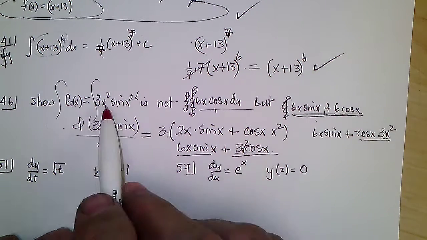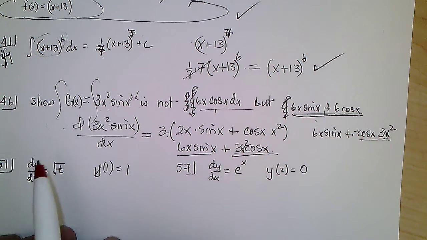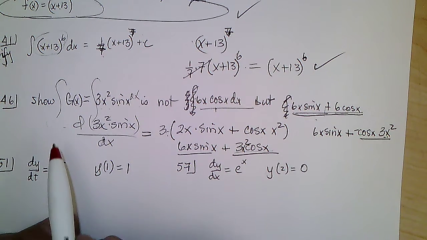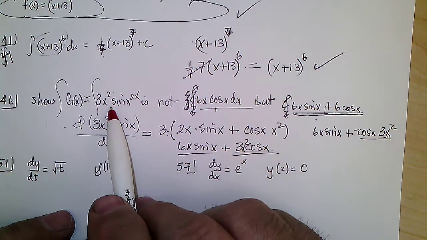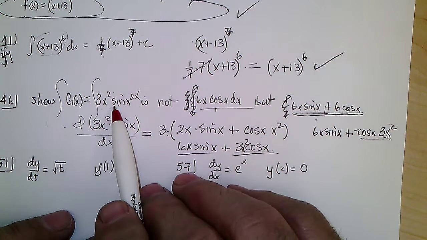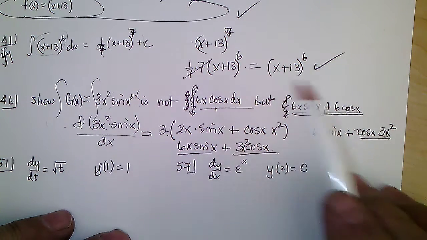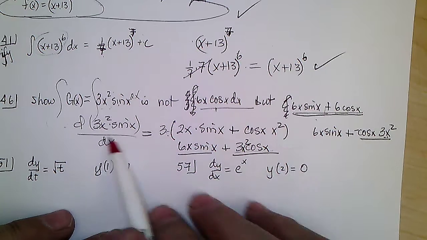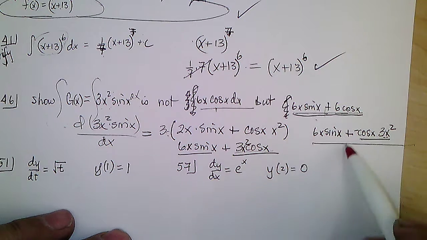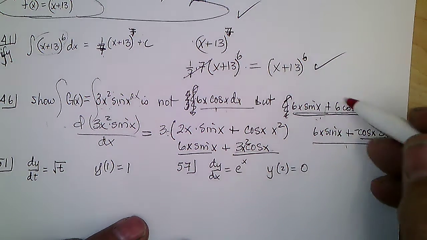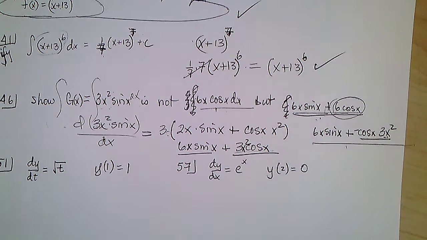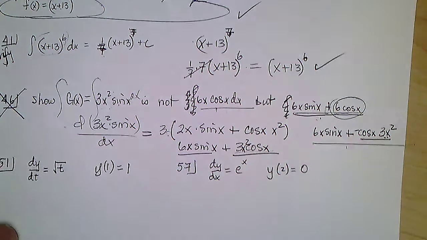Neither one of those are the antiderivative of that. So g of x is not the antiderivative. This is not the antiderivative of that, nor of that. When I take the derivative of this, I get this, which is neither one of those two. They messed up here. So that problem's messed up. I won't do that one again.